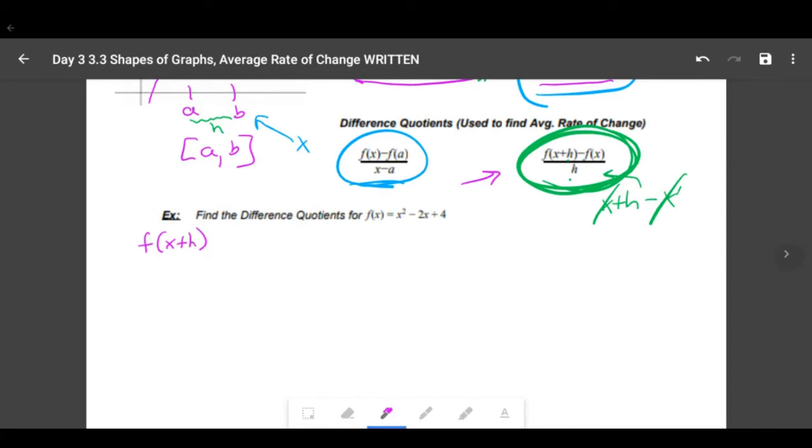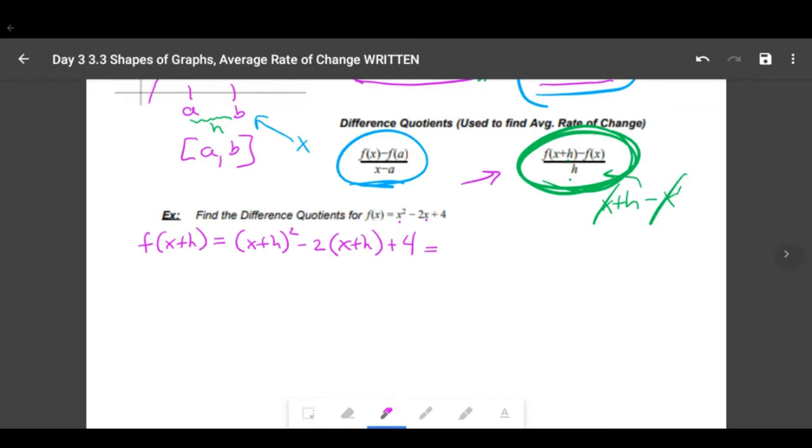So if you remember back to day one, the notation told me to replace all the x's with x plus h. So if I do that, I'm going to have x plus h squared minus 2 times x plus h plus 4. What you may want to do right here is simplify that.